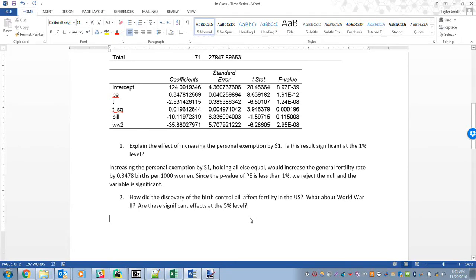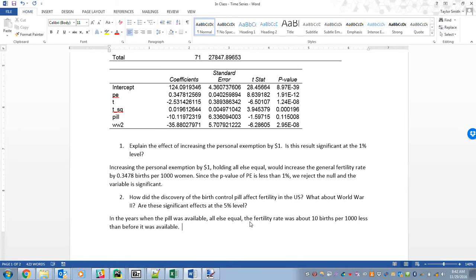So in the years when the pill was available, all else equal, the fertility rate was about 10 births per 1,000 women less than before it was available.